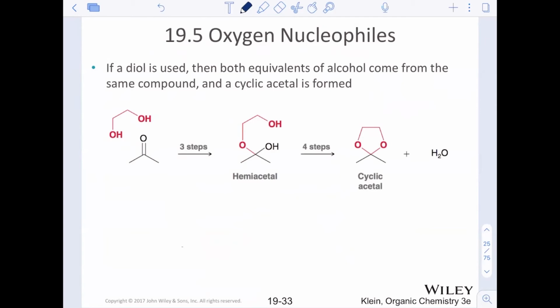So when we're looking at that hemiacetal, the second oxygen on the diol is most likely going to react to kick out that OH group because intramolecular reactions are more favored. They're right there. Proximity says, yeah, we're going to do that one instead.